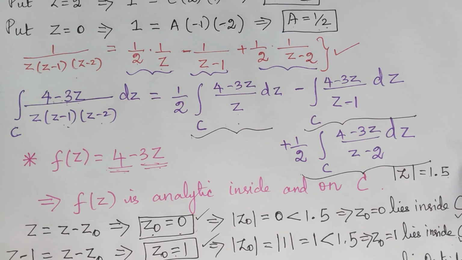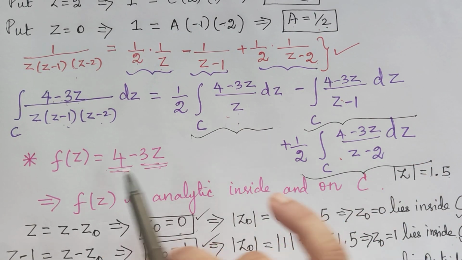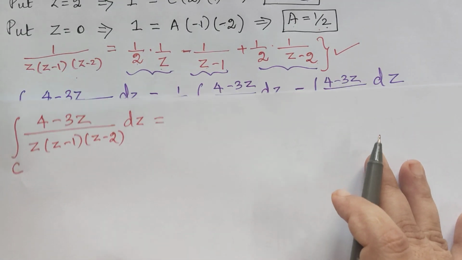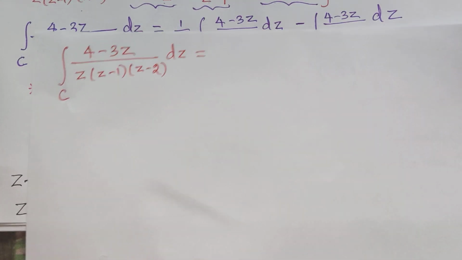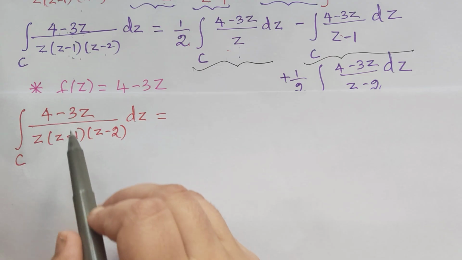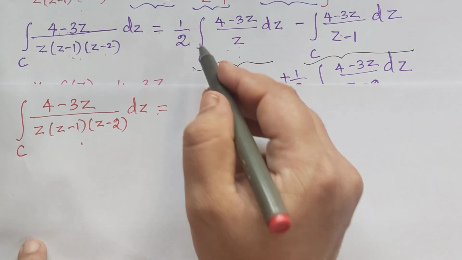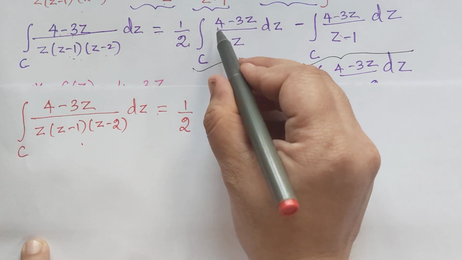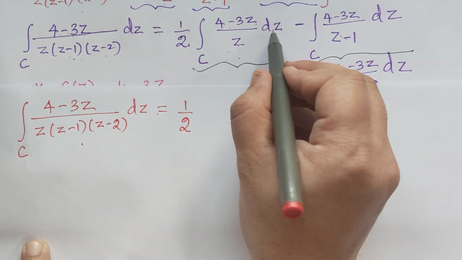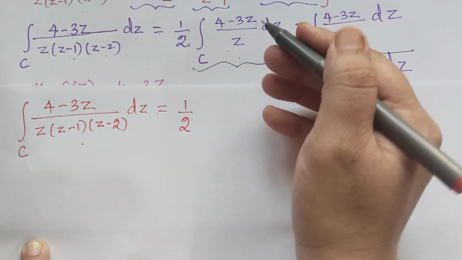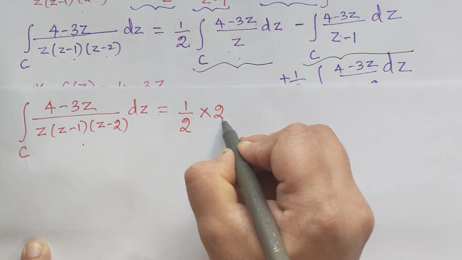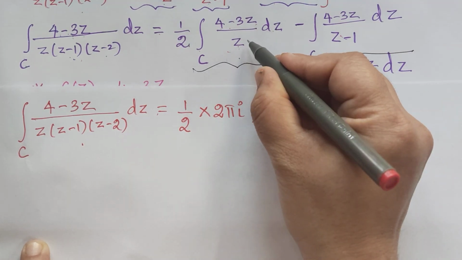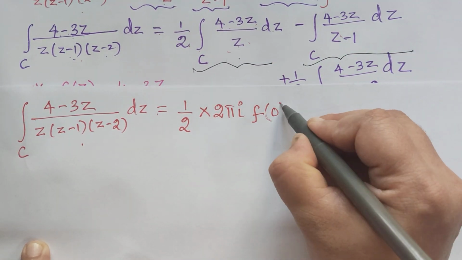So now let us evaluate each of these integrals. Let me write it. So this integral I have written is equal to 1 by 2 times the integral over C of 4 minus 3z by z dz. We can apply the Cauchy integral formula. It will be 2 pi i multiplied by f of z naught, and z naught here is 0, so f of 0.